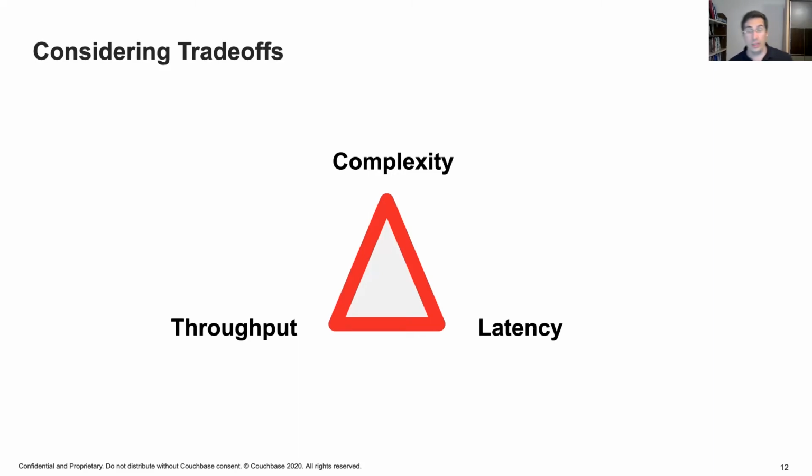Now, you can design systems optimized for throughput, but then you might penalize latency, especially in the higher percentiles. And if you have a system that is very complex, it's, for example, very hard to achieve low latency usually, right? So throughput, latency, and complexity are a little bit at odds with each other. And we'll talk about the different services and how they relate to that scale.